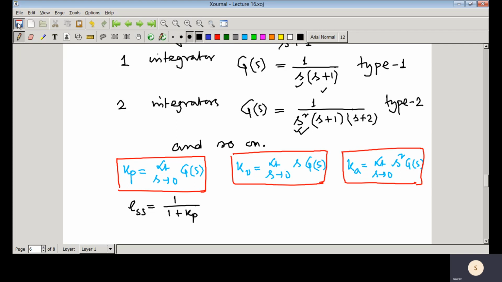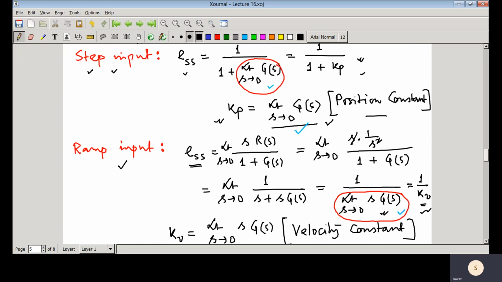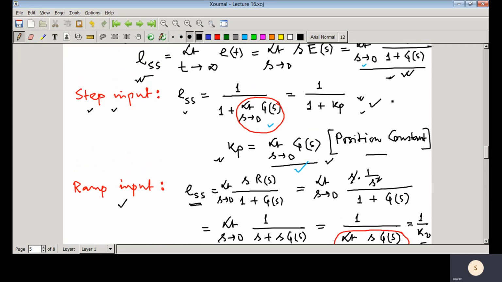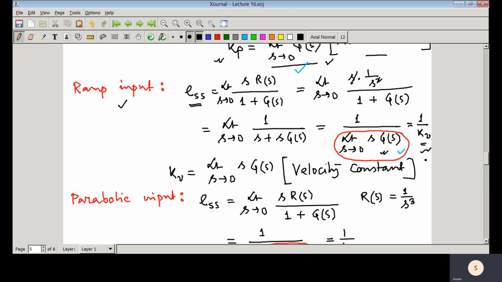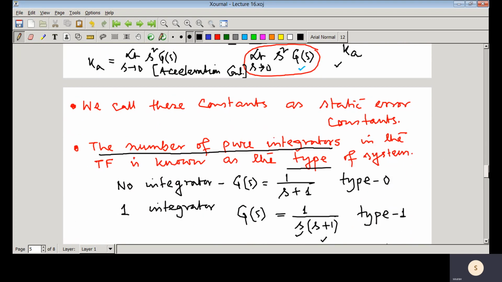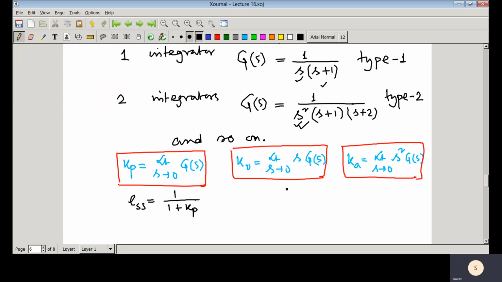We have seen it, the steady state error is 1 plus Kp here, and in case of velocity and acceleration error constants, it is directly 1 by Kv and 1 by Ka.